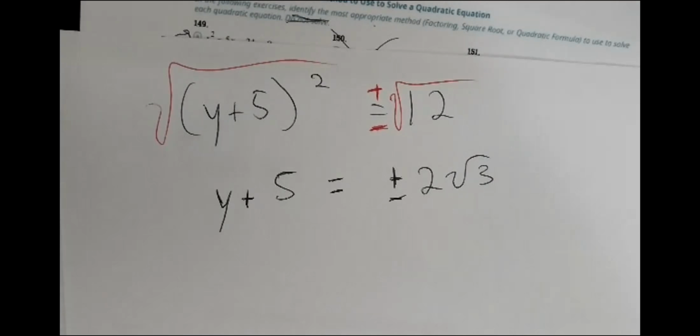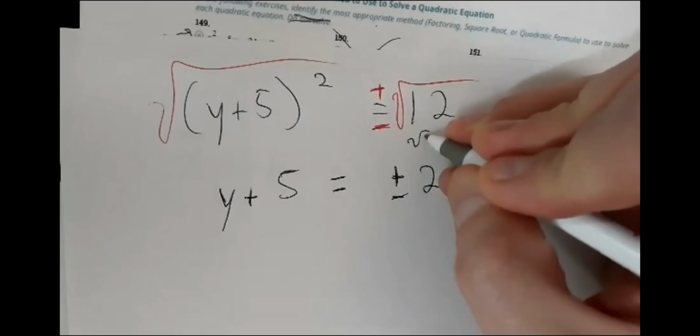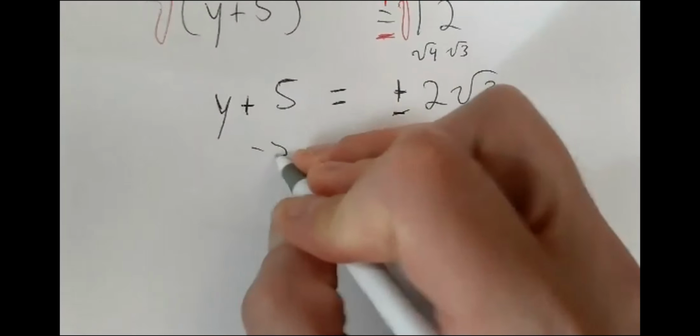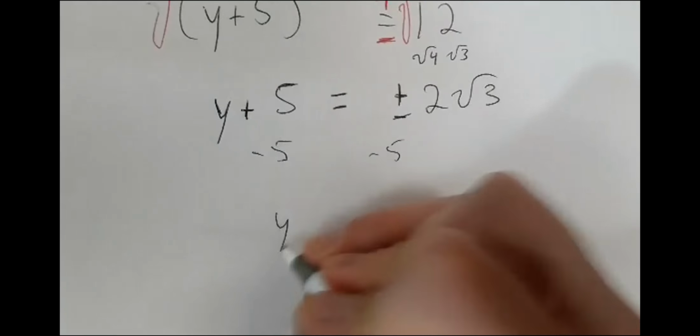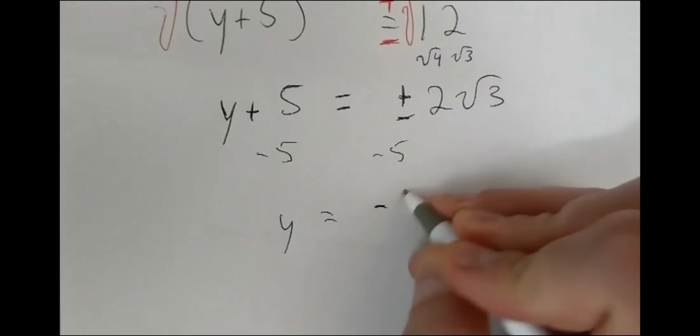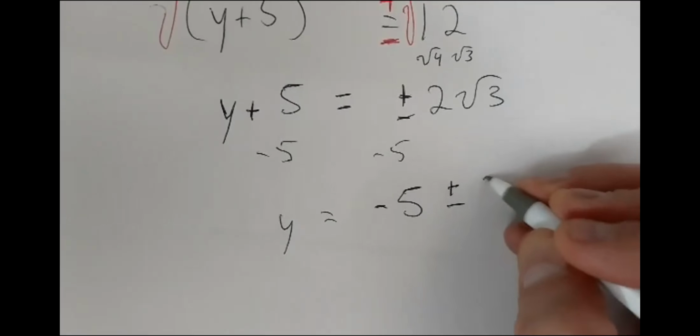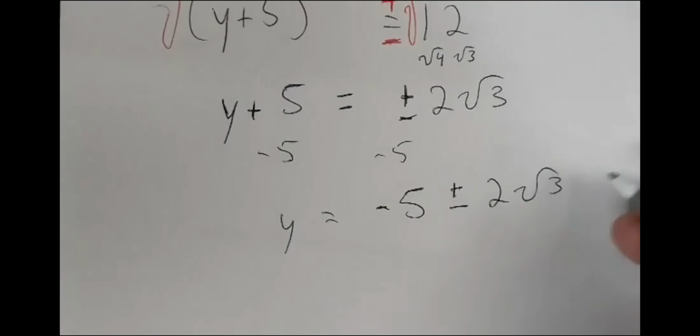And then we would subtract the 5. I can think of that as 4 and 3. And then you said subtract 5, and leave with the minus 2 I'm going to put over there. Plus or minus 2 root 3.